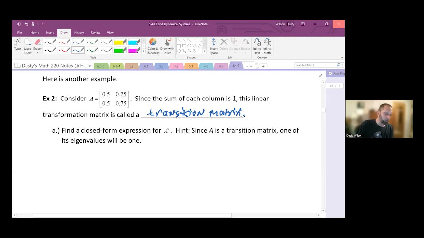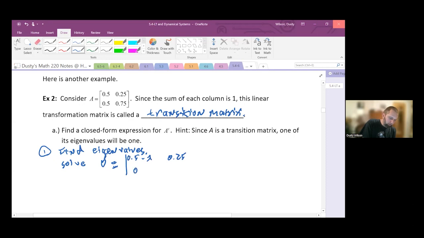So if we want to do this, the first step is to find the eigenvalues. To do that, we need to find where the determinant of a certain matrix is 0. So we need to solve 0 equals the determinant of the matrix with rows 0.5 minus lambda, 0.25, and 0.5, 0.75 minus lambda.